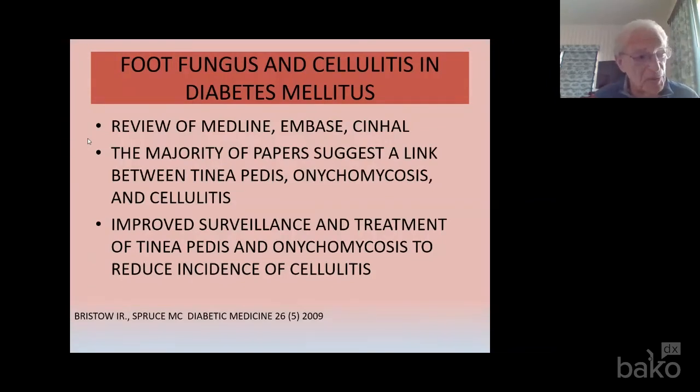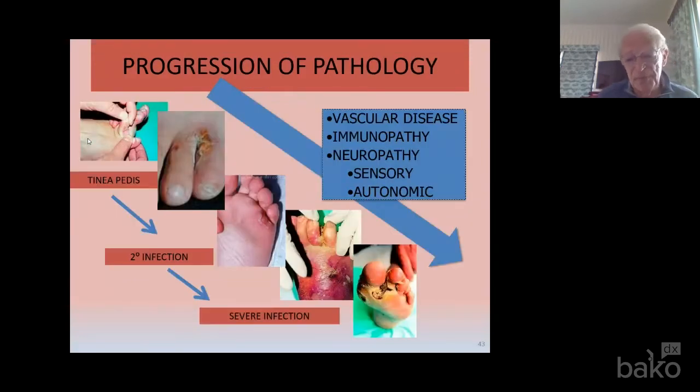But you're not going to do that unless you take the time to evaluate that patient and identify risk factors and initiate appropriate treatment. Because over time, these simple problems, such as simple tinea pedis, can progress to fissuring, local infections, and more serious infections, and in the presence of vascular disease, infarction, and even gangrene.